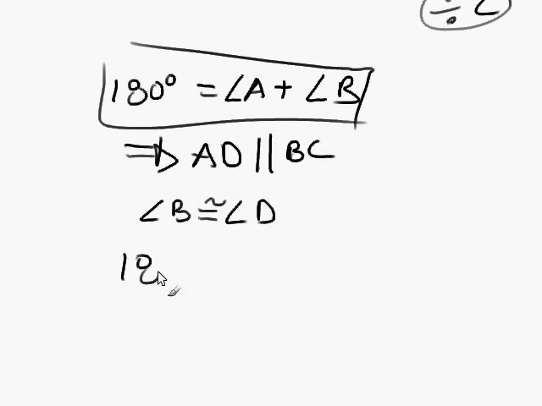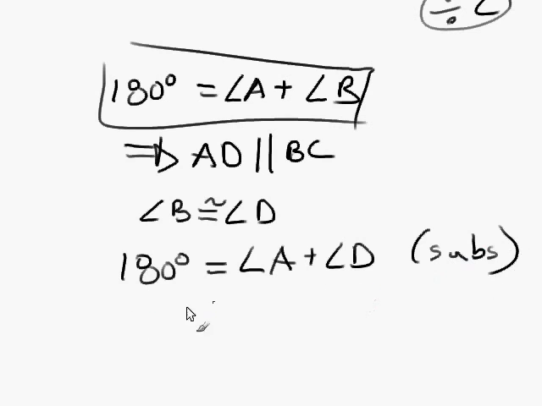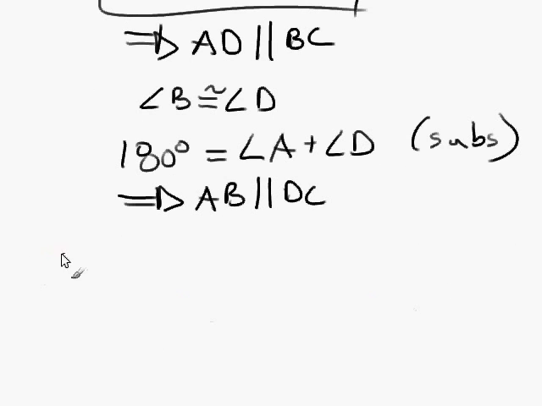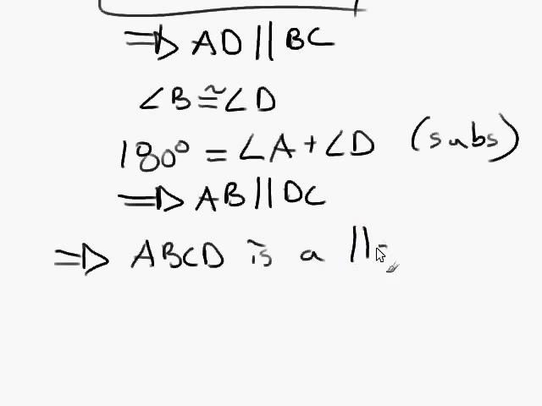So that means that 180 degrees via substitution is equal to A plus D. Which means that, let's see here, AB, right, AB is parallel to DC. So that means that ABCD is a parallelogram by the definition.